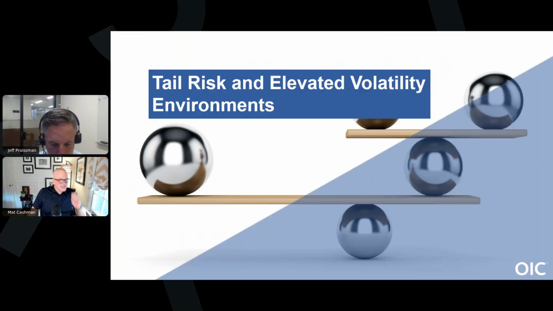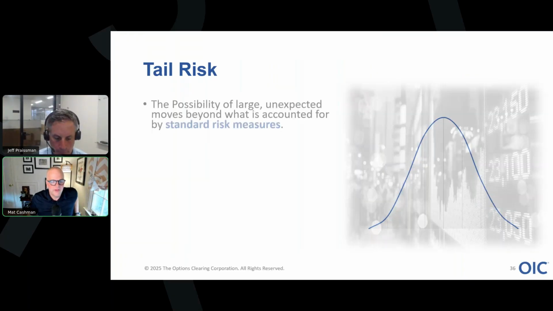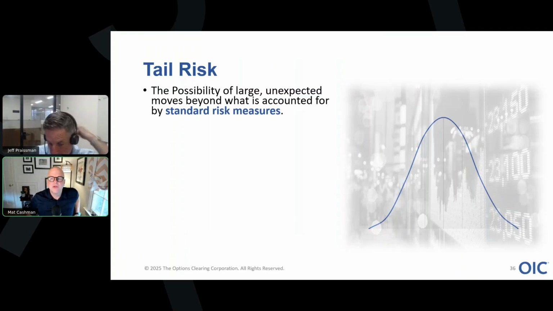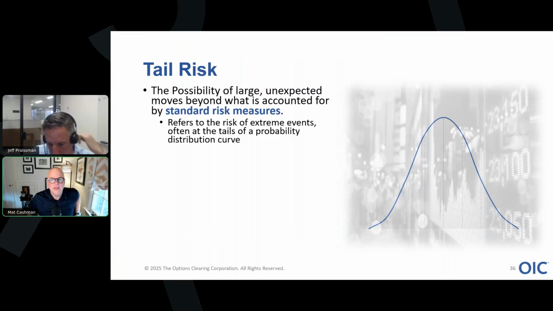So let's talk really quickly about tail risk, because in elevated vol environments, tail risk starts to show up on the radar in ways that it doesn't in other environments. Tail risk is really the possibility of large unexpected moves in either direction that aren't necessarily accounted for by standard risk measures. It's like extreme events.